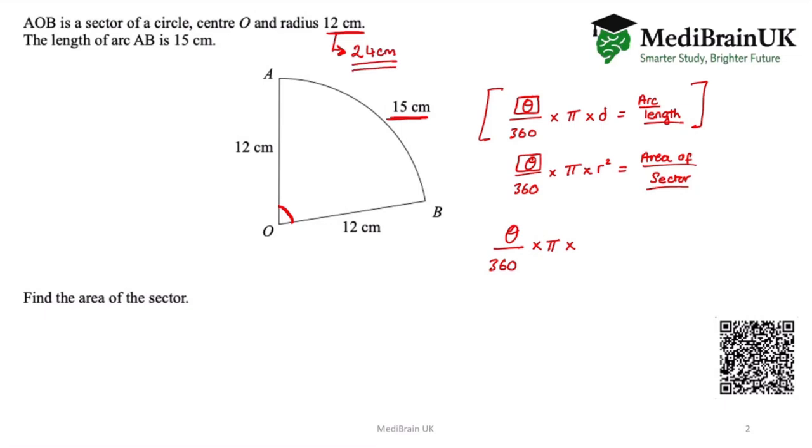It's double the radius. And we know that that is going to be equal to the length of the arc. Okay, and the length of the arc is 15 centimeters. That's what we've been given in this question.